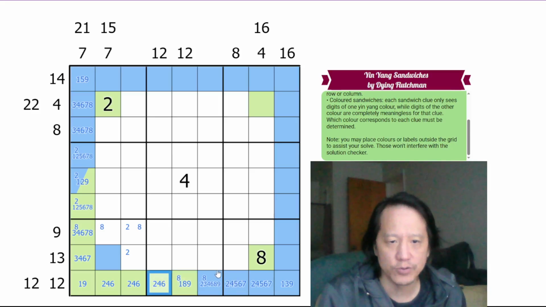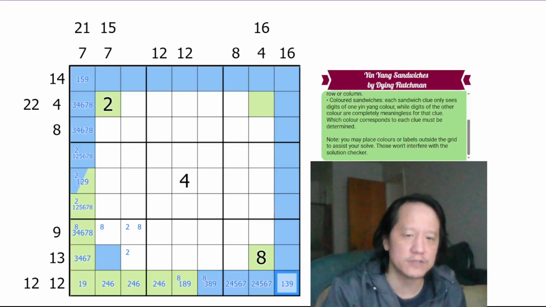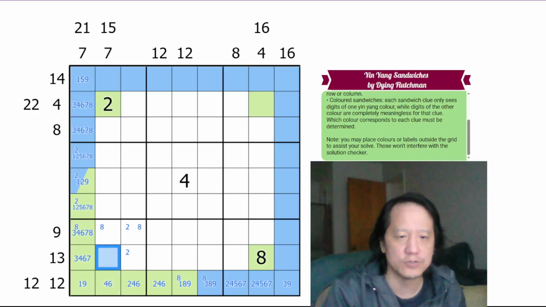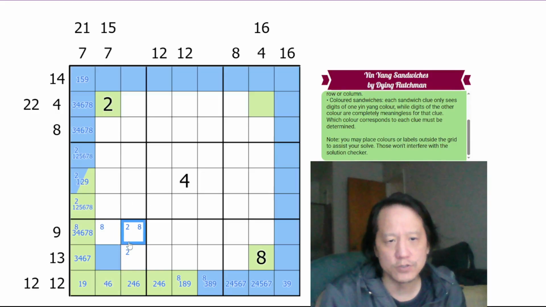This is not blue. Therefore, this is blue, blue. You have to have 3 and 8 or 9 here. So this is 3, 8, or 9. This cannot be 1, so this is 3 or 9. This is 1 or 9 here. This cannot be 2. So 2 still is one of these 3.